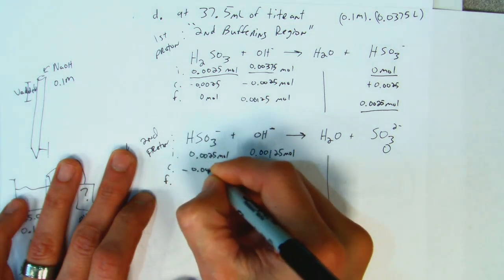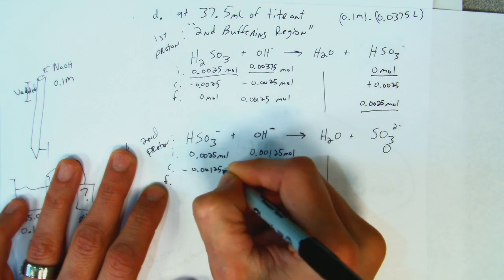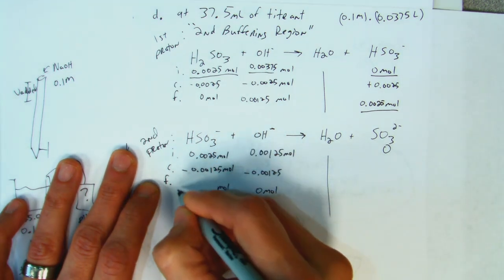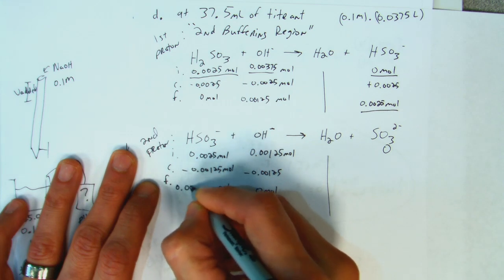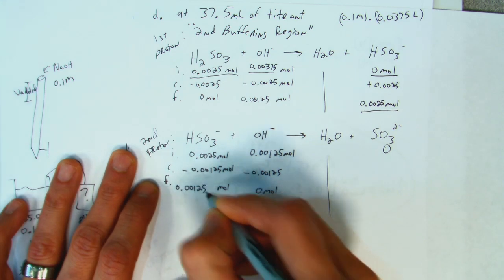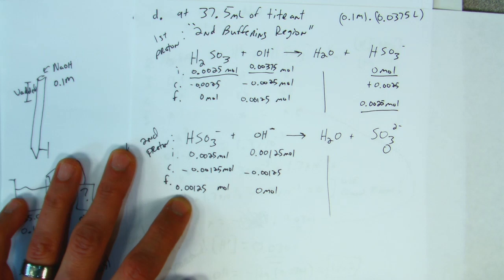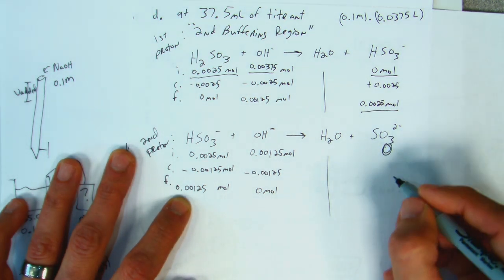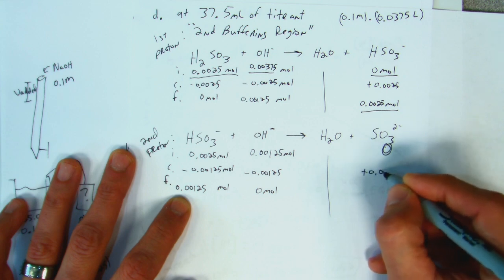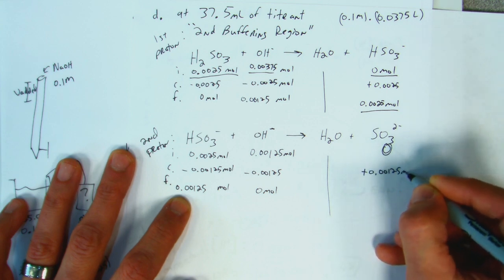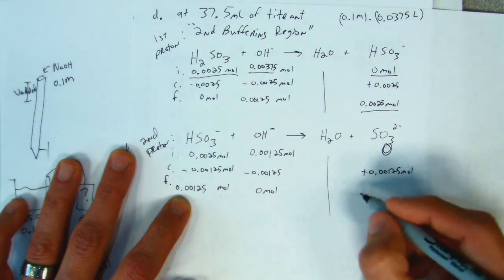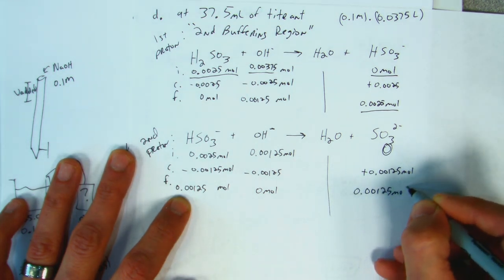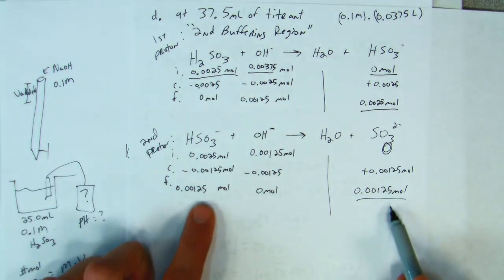So I can only consume 0.00125 moles of this. That's going to mean that I have 0.00125 moles of that remaining. Likewise, I didn't have any of this doubly deprotonated ion at first, but I'm going to make some. 0.00125 moles of it should be produced if I go to the right. And that means once this reaction is complete, I will also have 0.00125 moles of this ion.